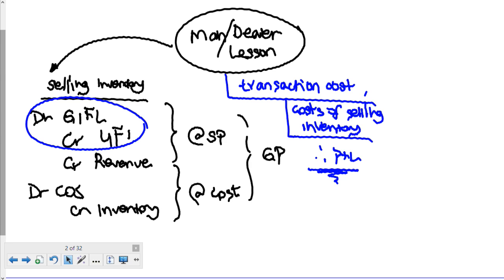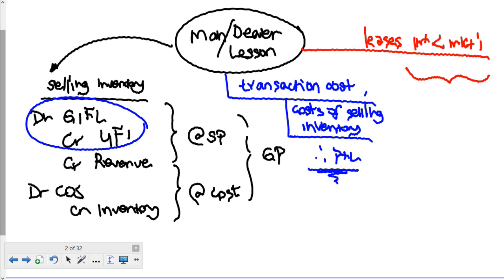The third, and this is the most important of them all, has to do with leases where the interest is less than market I. When I enter into a lease and the interest is less than the market I, what the statement says is that this is actually a discount on the inventory sold.